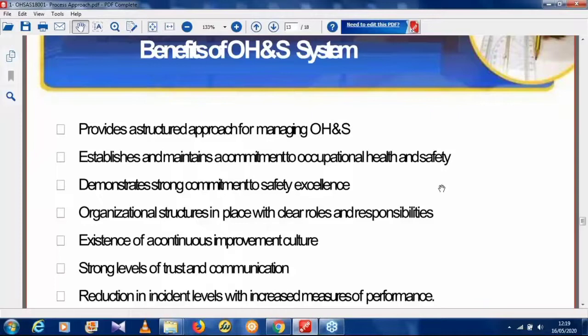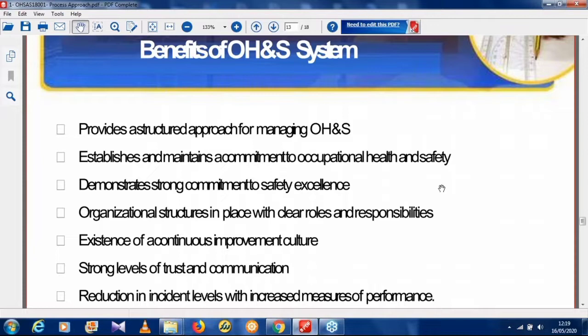Number one is that it provides a structured approach for managing occupational health and safety. If you are able to implement a standard occupational health and safety system, then it means that there will be a structured approach. It will not just be imposed anywhere.